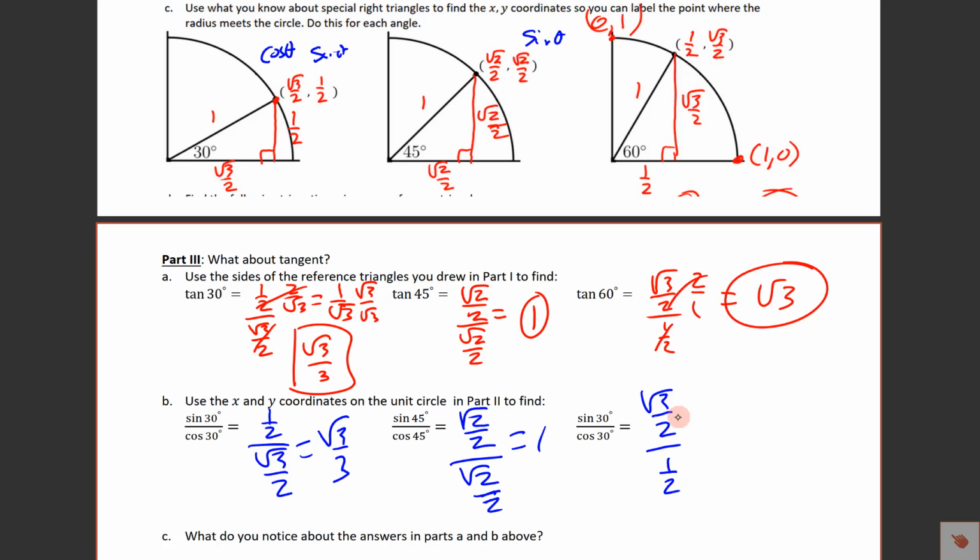Sorry, this should be 60 degrees. Typo. So, 60 degrees, the sine is radical 3 over 2. Cosine of 60 degrees is 1/2. Aren't these exactly the same thing?